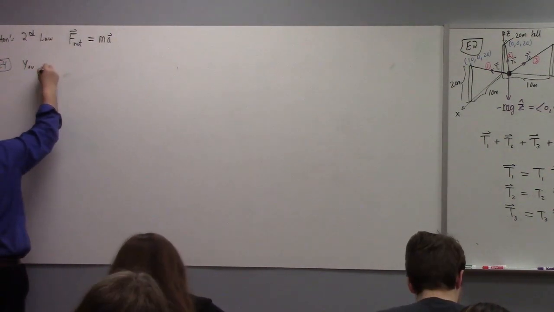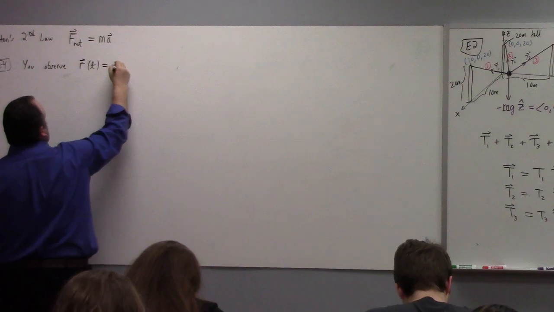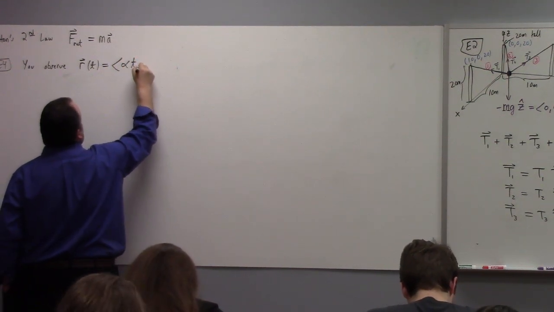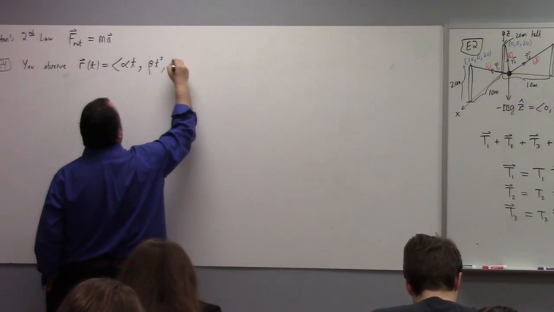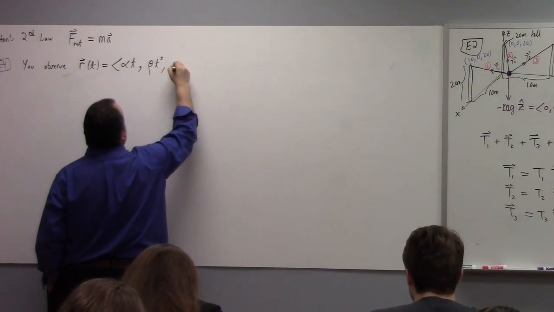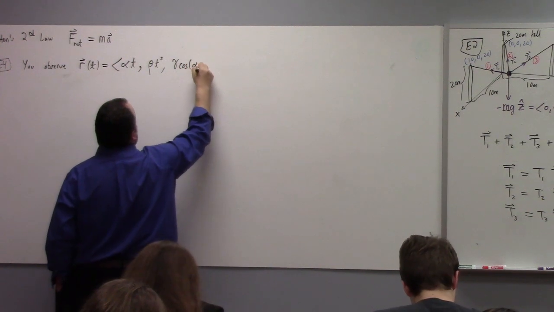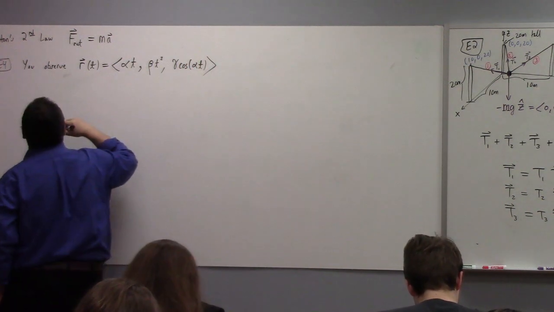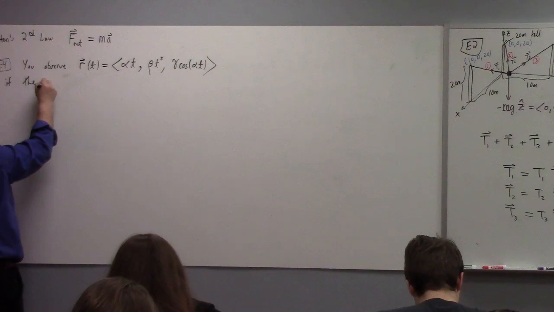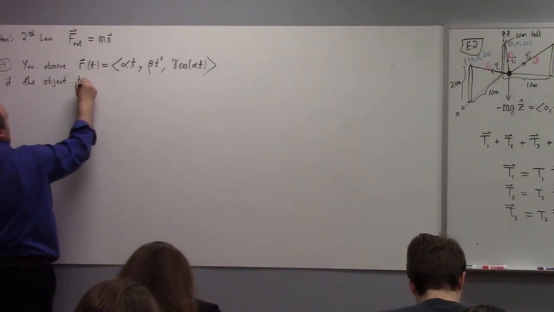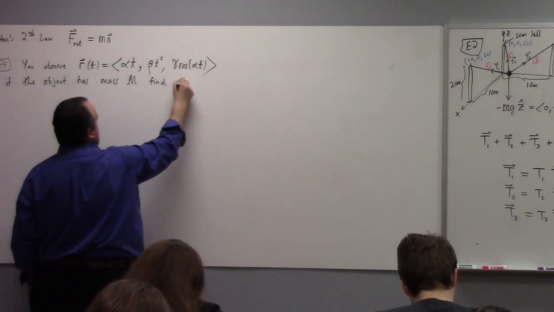You observe r of t is equal to alpha t, comma, beta t squared, and then gamma, I don't know, cosine of alpha t. If the object has mass m, find the net force.